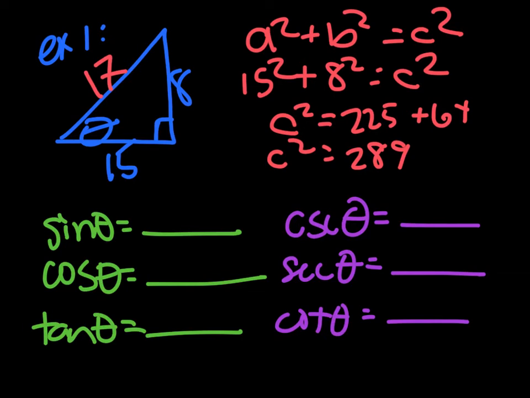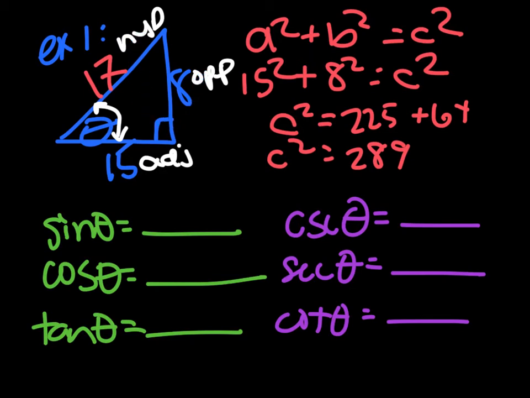Now we just have to do our ratios. First, let's identify everything. My 8 is my opposite side, my 15 is my adjacent side, my 17 is my hypotenuse. Everything is in relationship to theta. My sine is opposite over hypotenuse.